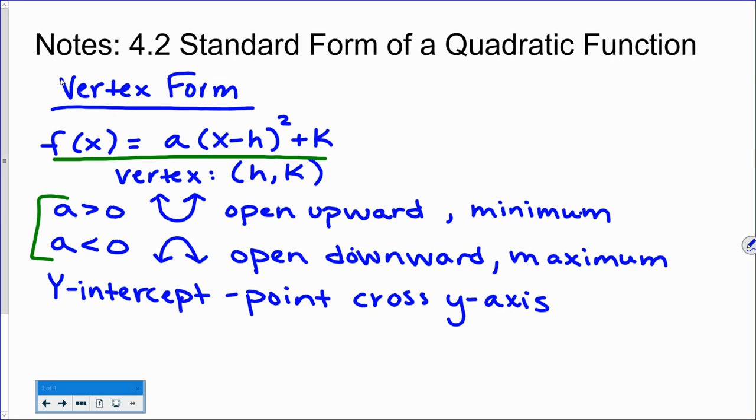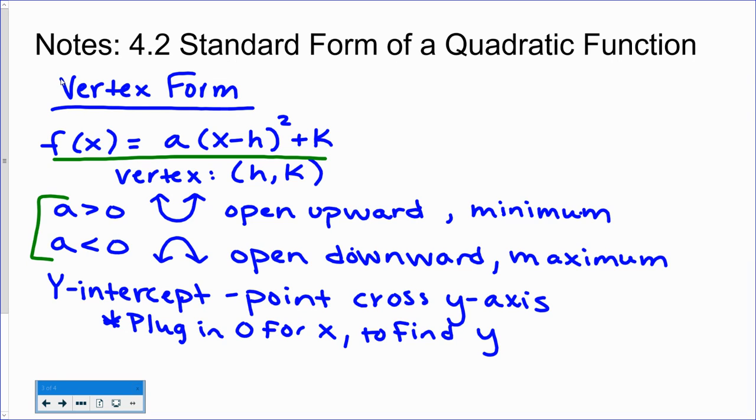So if I was trying to find the y-intercept for an equation in vertex form, I must plug in 0 in place of the x to find y. All right, so those are the big things to notice with vertex form. Standard form is the new one that we're going to add on today. So we're going to make a few notes about that, and then we'll look at some examples.